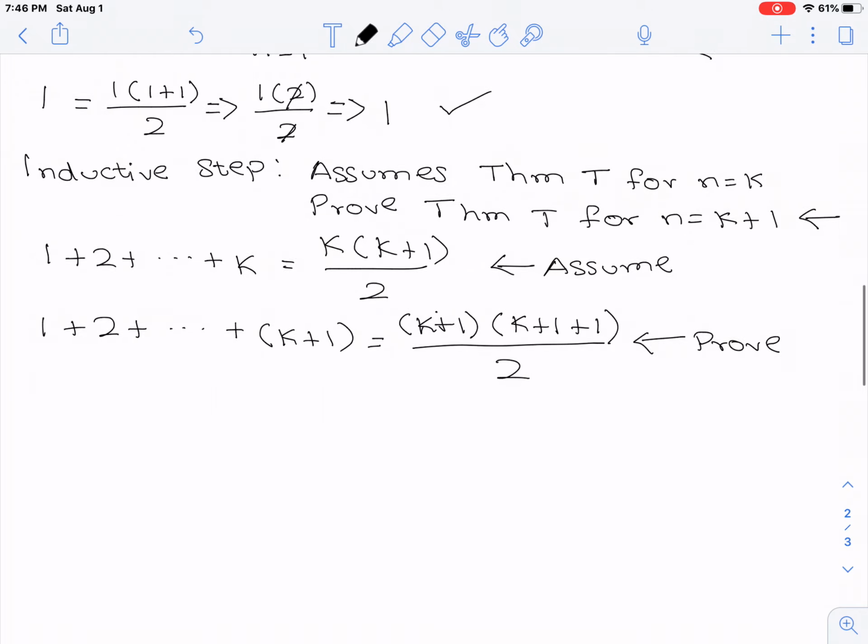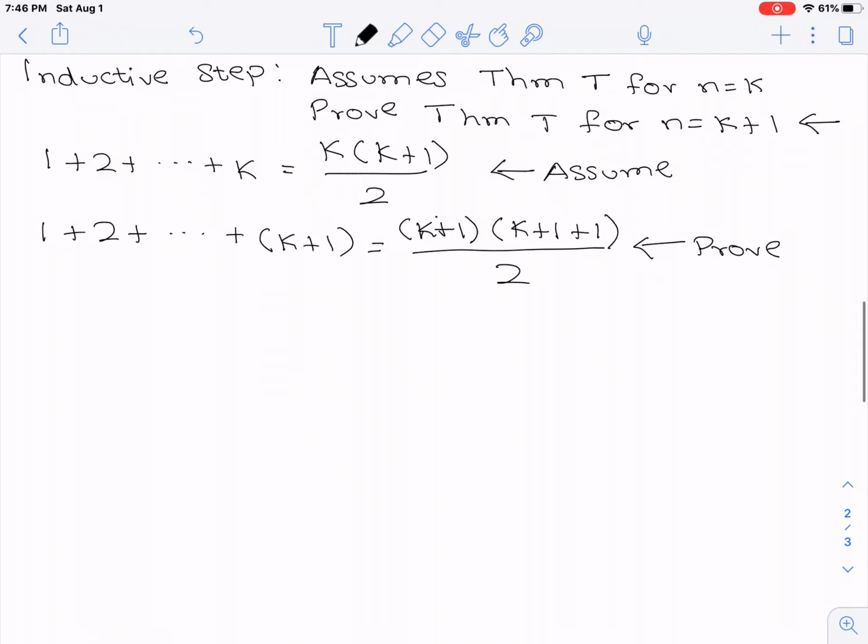So how we solve these problems is we use our assumption to prove our theorem for k plus 1. So we recognize that on the left side of our proof, 1 plus 2 plus, we know that this left side of this is actually included in this, because 1 plus 2 plus up to k, plus k plus 1, is another way to rewrite this.